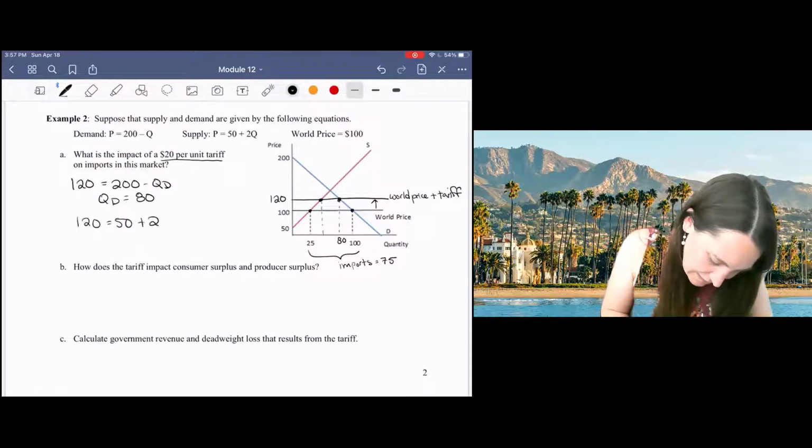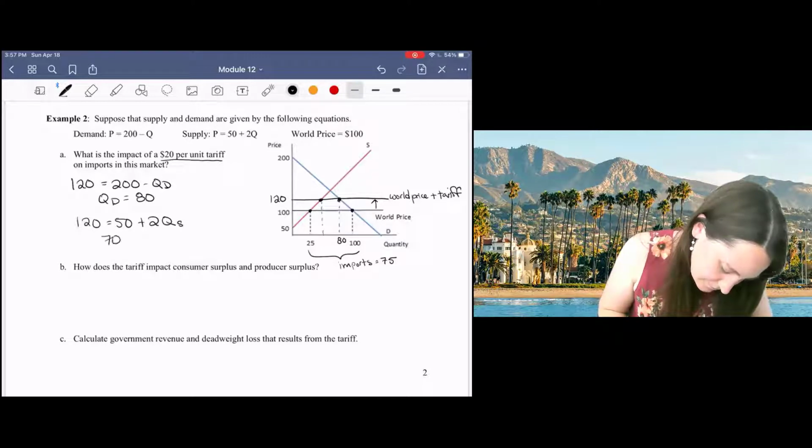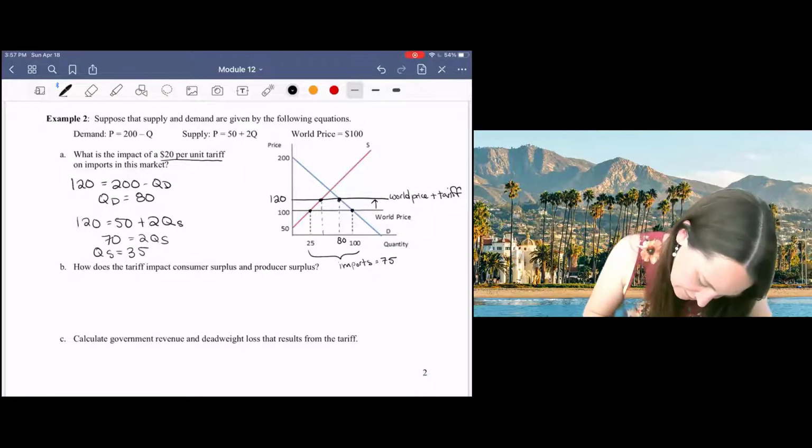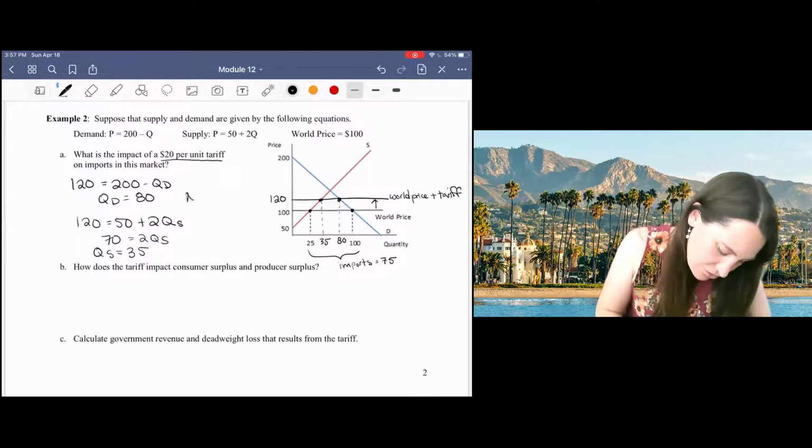Quantities supplied, I will get from my supply equation. So the quantities supplied will equal 35. And the new quantity of imports is the difference.